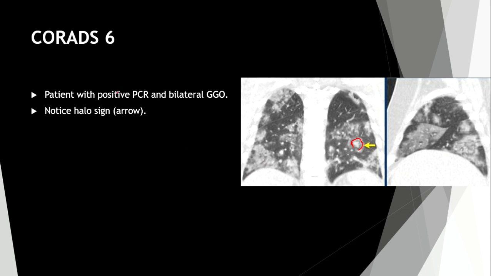It's called reversed halo sign. How can you measure the density? As I said before, if you use the application, you can choose every part of the lung and it shows you approximately what is the density of this part of the lung.